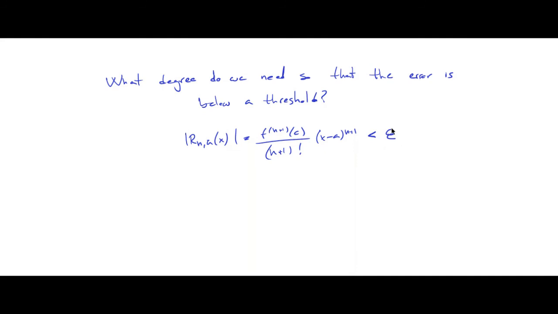And so that will depend on the derivatives of our function, but we can make an upper bound of this. So depending on the example that we are working with, we can solve this inequality for n. So if we keep increasing n, at some point we will reach our desired threshold. Okay.